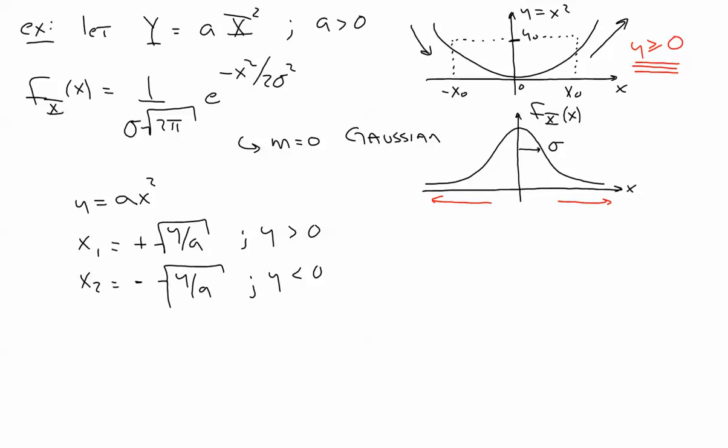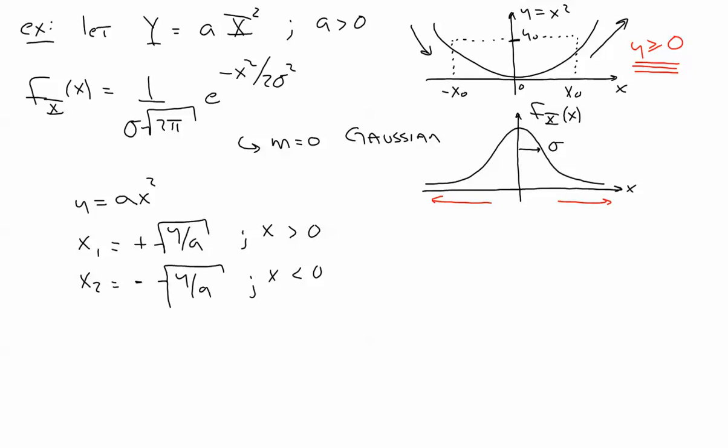That's really important. Excuse me. This should be x greater than 0, x less than 0. All right? Not y. Y is always positive. That's going to be important in just a minute because we're going to have some step functions that we have to introduce into our result.